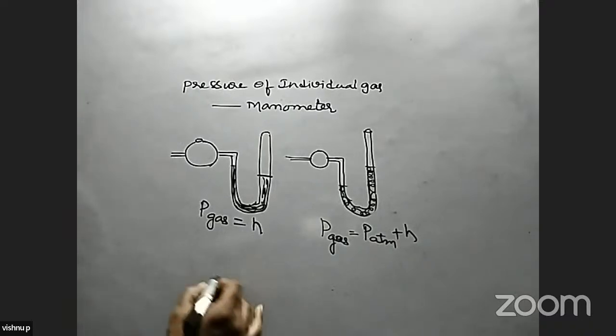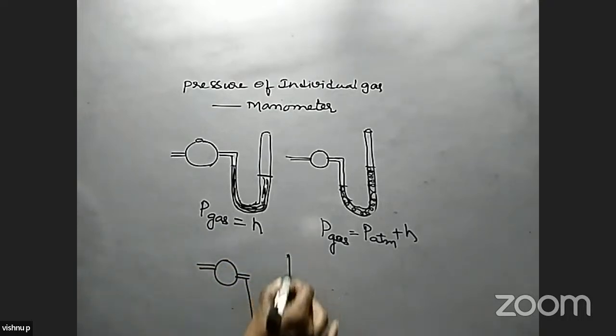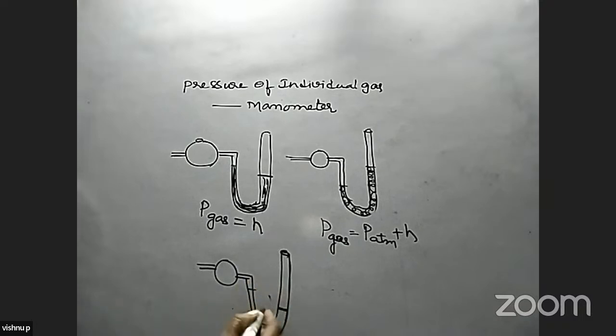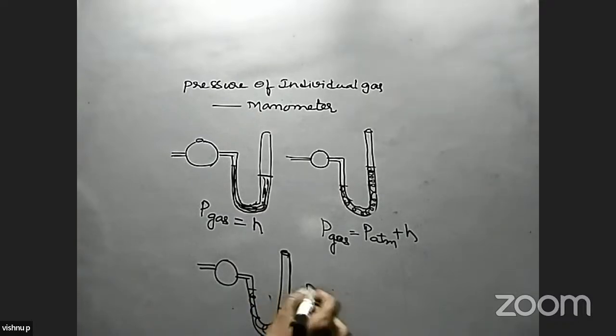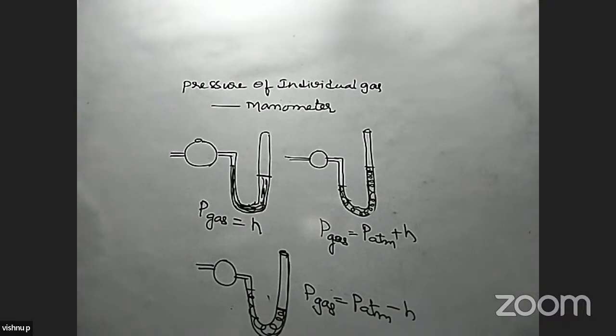If the levels are different, there is a difference in the mercury levels between the two limbs. In this case, if the longer limb's mercury level is lower, then the pressure of the gas is equal to atmospheric pressure minus h, where h is the difference in the mercury column.